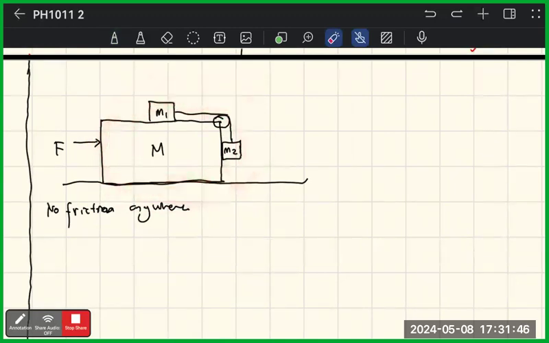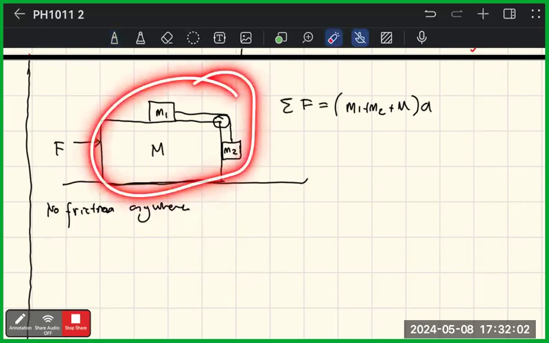So you have a one-object system which has the mass of m1 plus m2 plus big M. Times A, it equals the sigma force, and the sigma force for this system is only F.